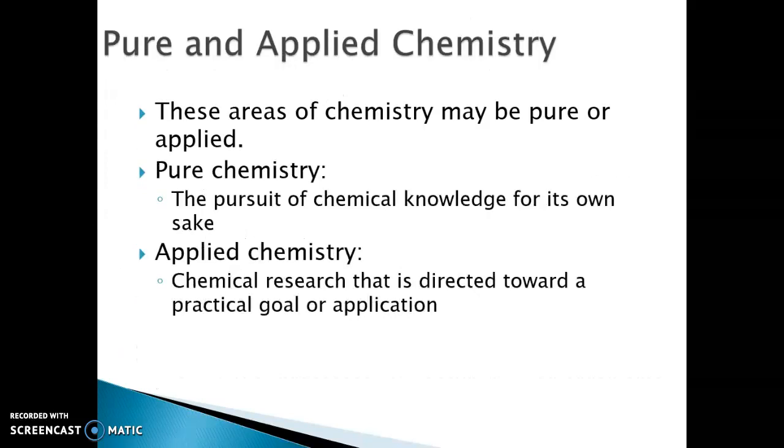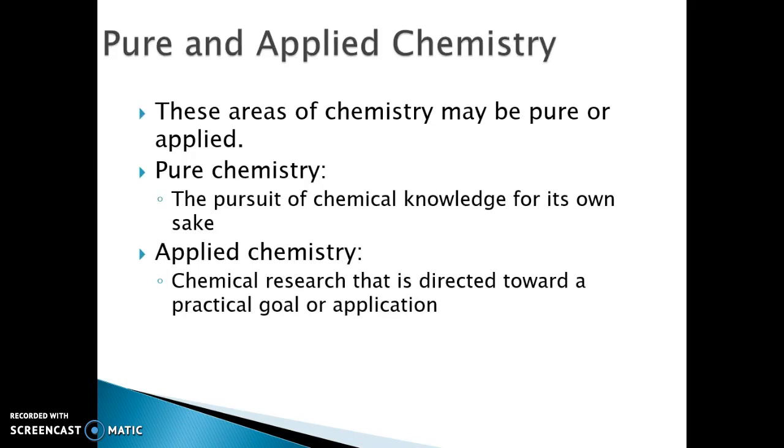Okay, the next slide is talking about pure and applied chemistry. So there are 2 areas of chemistry, and they may be pure or applied. Pure chemistry is the pursuit of chemical knowledge for its own sake. And the second type is called applied chemistry. Applied chemistry is chemical research that is directed towards a practical goal or application.